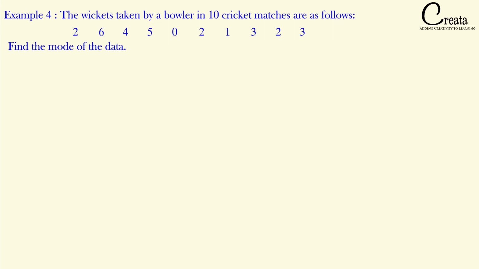Mode means the number or the observation which is repeating maximum time. Here if you observe all these numbers, 2 is repeating total 3 times. So we can say the answer or the mode of this number series is 2. Got it? That is the answer, the number which is repeating maximum times.